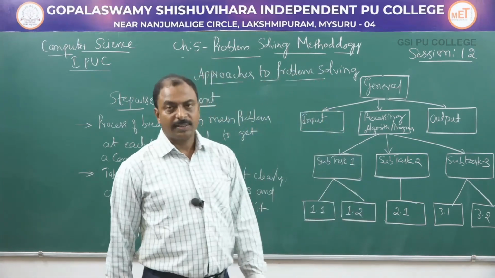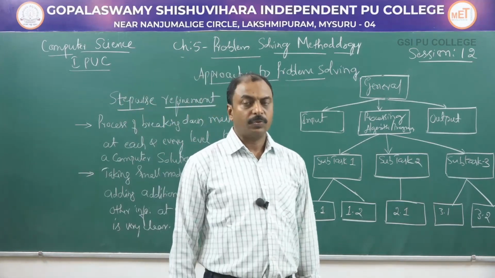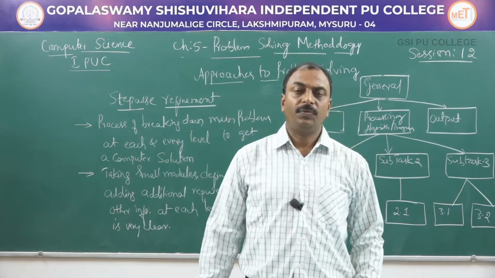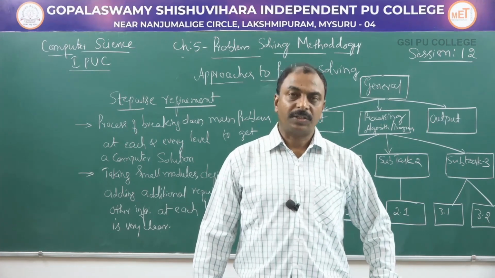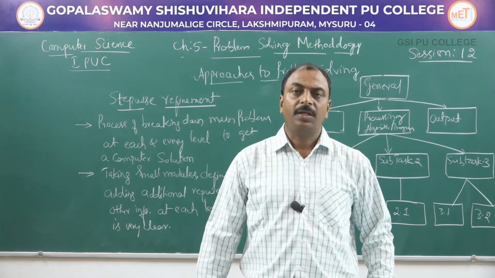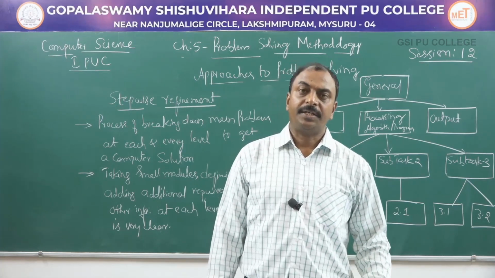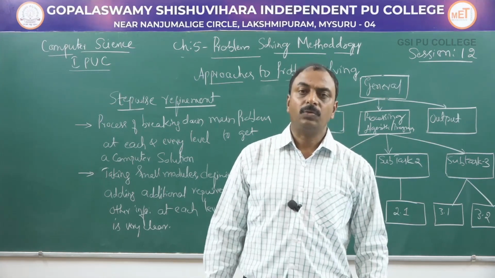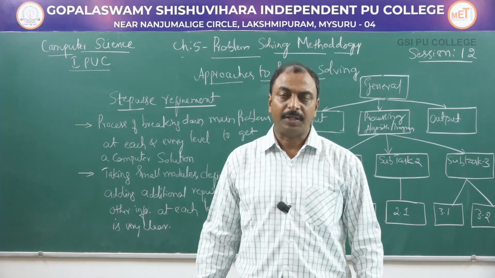And one more example for this is to find out the grade of a student in a class. If you want to find out the grade of a student in a class, normally the first step is we have to collect all the information, that is the input section. In the input section, we have to gather information like details of a student and marks obtained by a student in a particular test or examination.